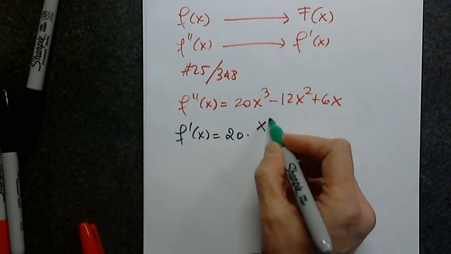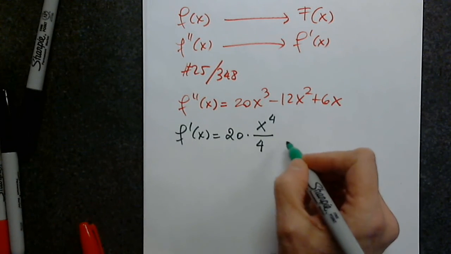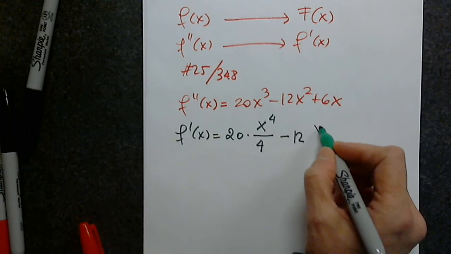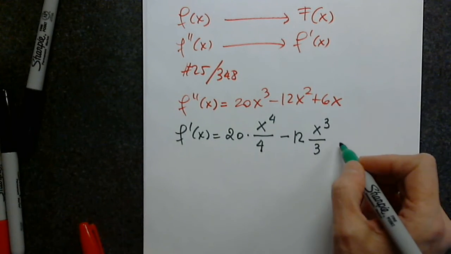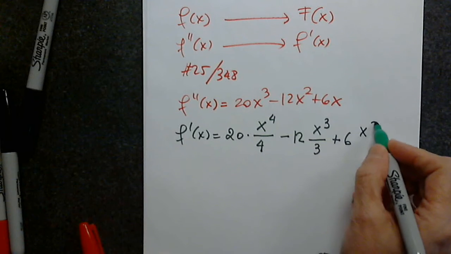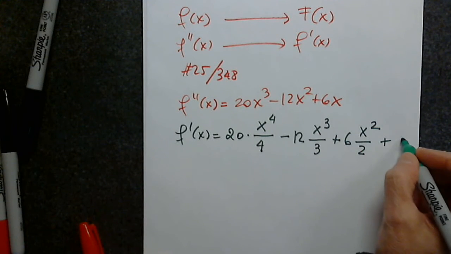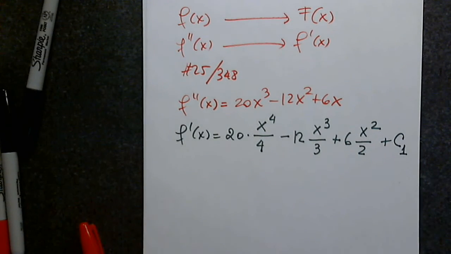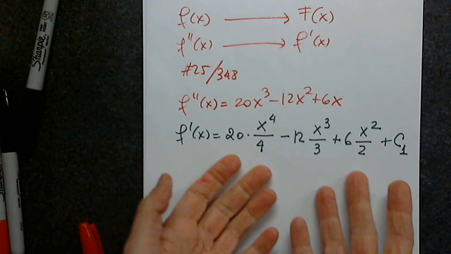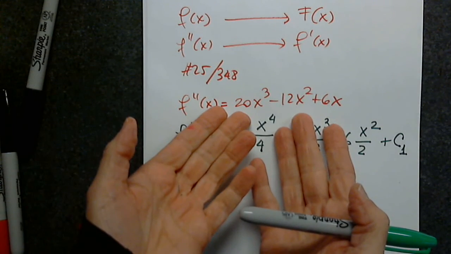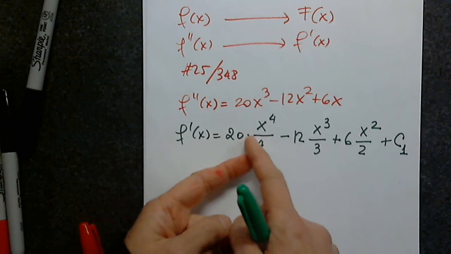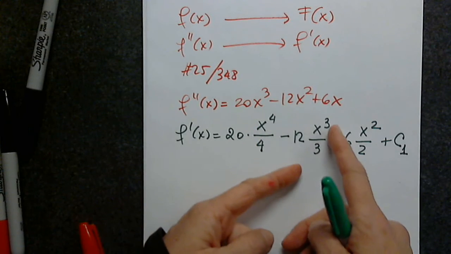20 x to the fourth over 4 minus 12 x to the third over 3 plus 6 x squared over 2 plus a constant that I will denote by C1. How will I check this? Well, if you differentiate this, you have to get that. When I differentiate this, I get 4, 4 goes away, and I get that.